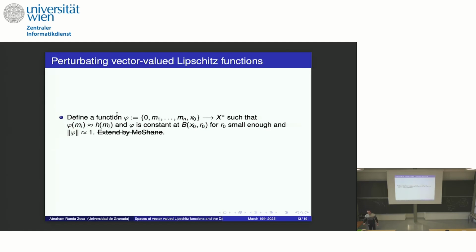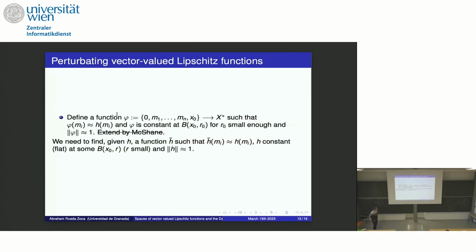This is our real problem. So what we need is, given any h, to find tilde h which behaves like h at the mi's and is flat at some ball centered at x0. Can we do it? Yeah, but not with the McShane extension theorem.